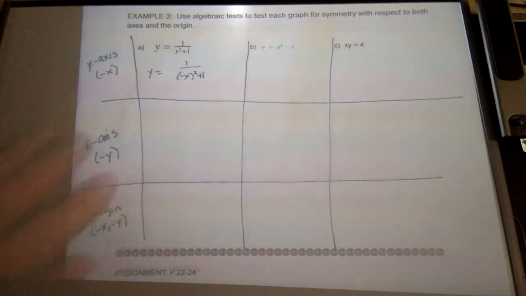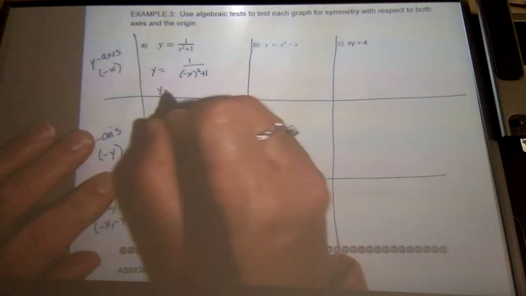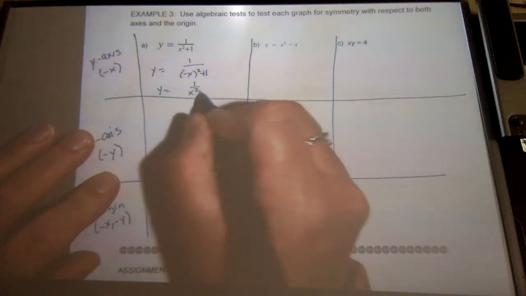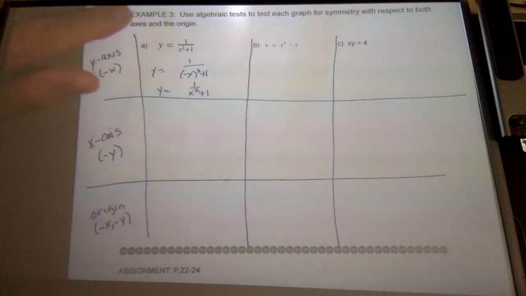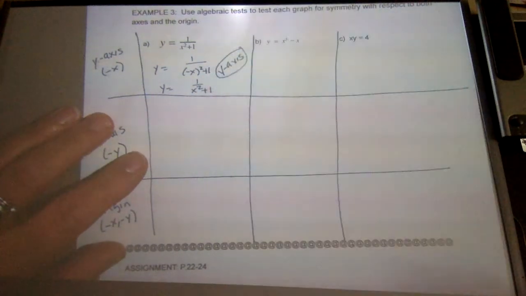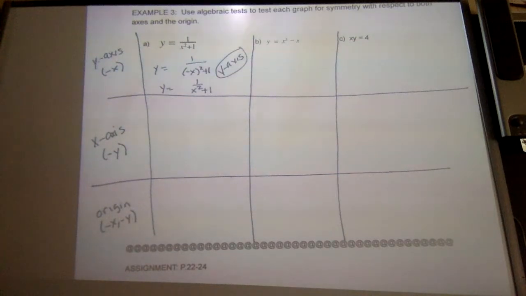It's the same as x squared. Do I have the same equation as what I started with? Yes. So this one has symmetry with the y-axis. Let's go ahead and check for the x-axis.